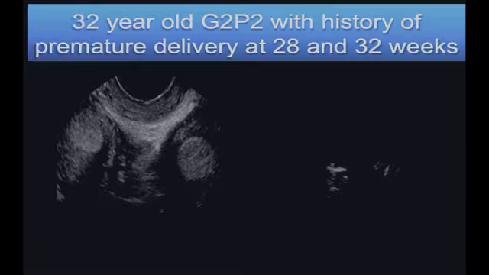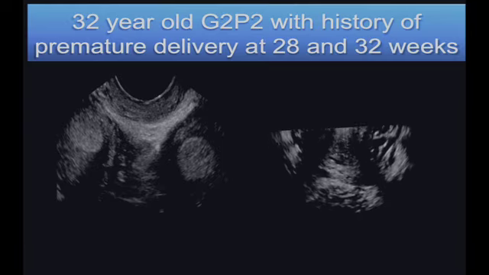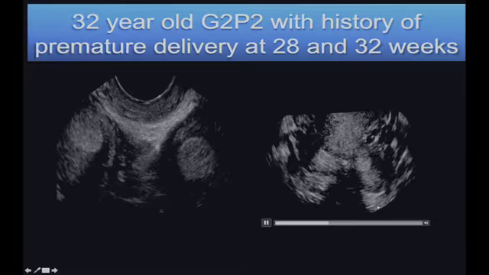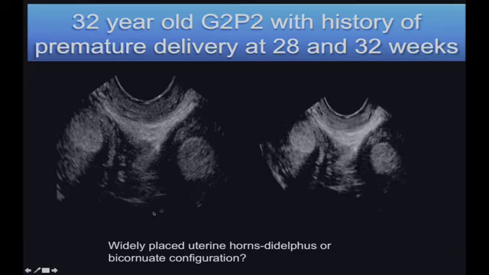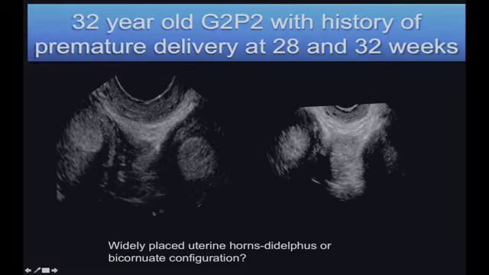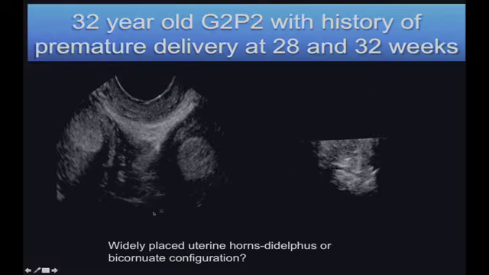So here we have another patient, a 32-year-old gravida-2, para-2 with a history of premature delivery at 28 and 32 weeks. And as we can see, very widely placed uterine horns. So is this a uterus didelphys, or is it a bicornuate configuration?